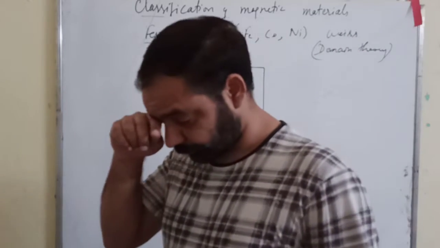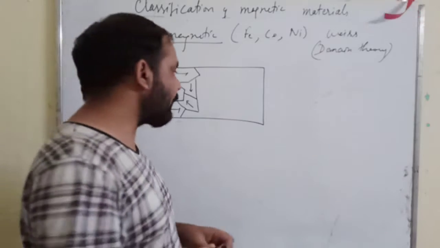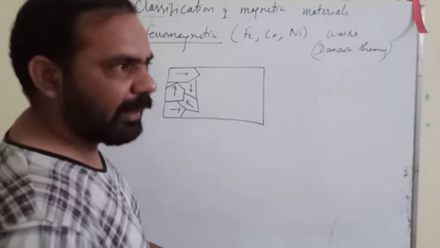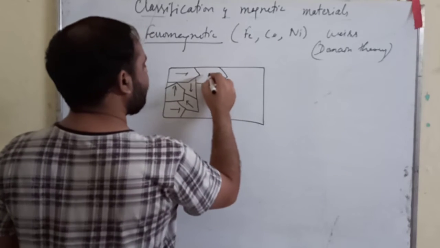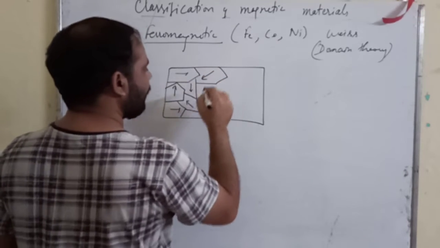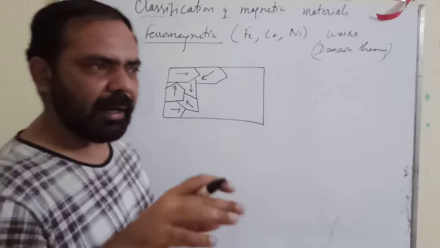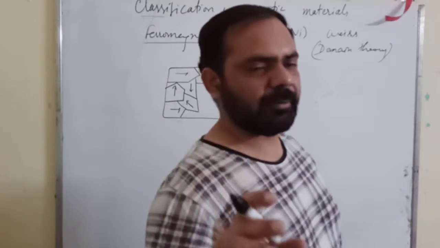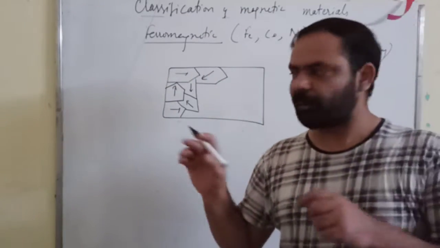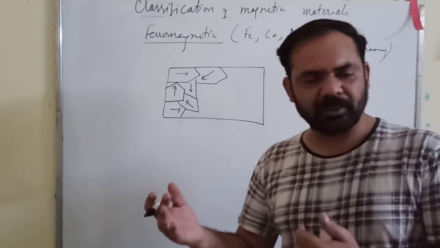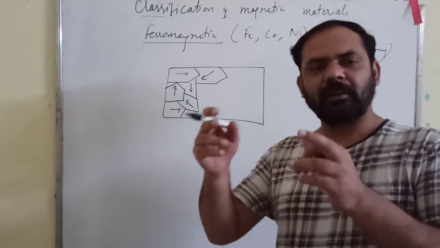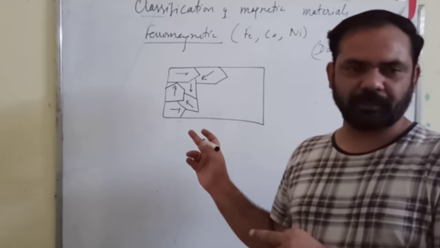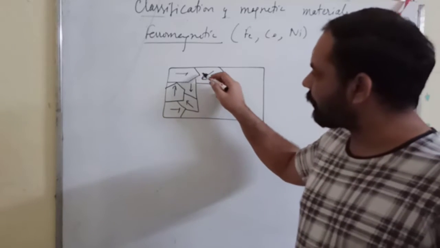Now I was telling you the reason of this strong magnetization. The reason is that they have domains like this. Each domain has a particular direction of dipole moment. A domain has a group of atoms, and that whole group of atoms has a dipole moment in the same direction, so they constitute a domain.